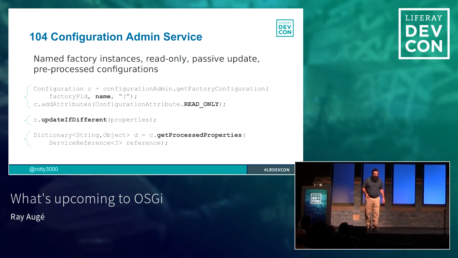Next, some changes to the configuration admin service. Here we've added several different features, notably named factory instances. If you're at all familiar with file install configurations of factory instances, you basically named a text file with a particular format in order to get some new instance from your service factory.